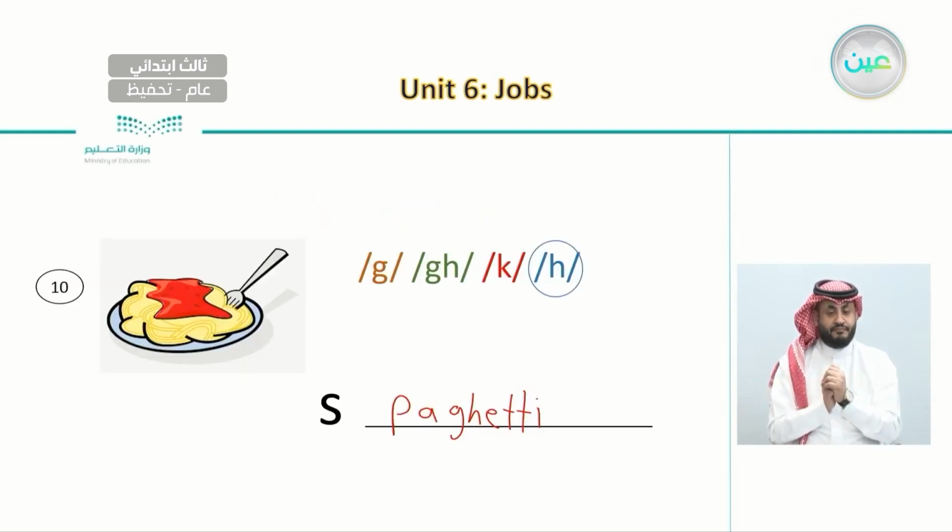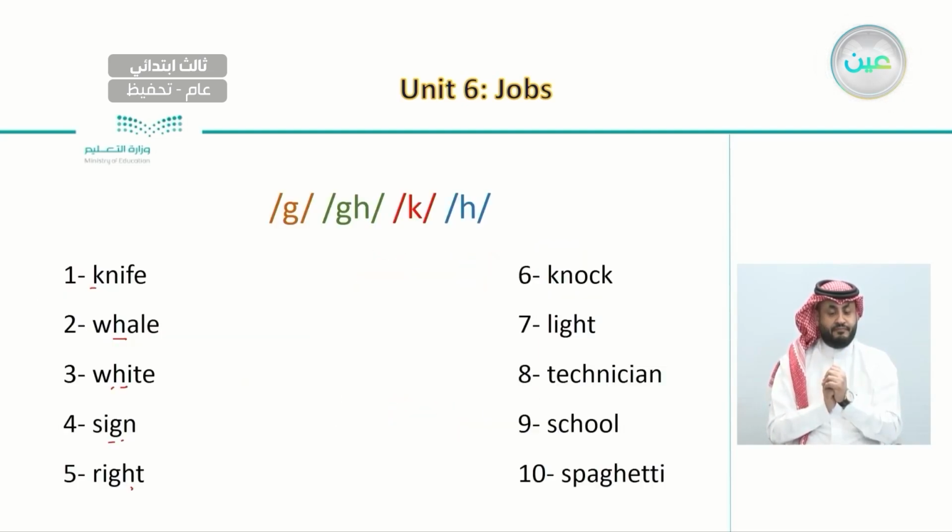And here we have number 6, knock, where K is silent. And we have number 7, light, where G and H are silent. And number 8, technician, where H is silent. And number 9, school, where also H is silent.